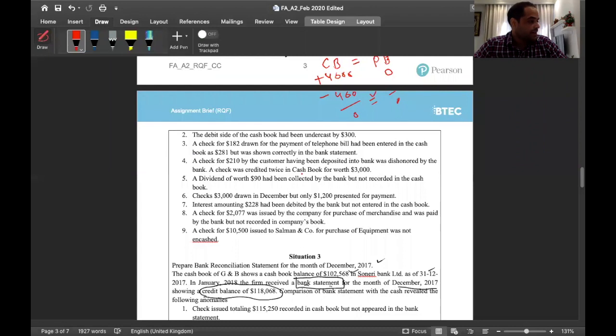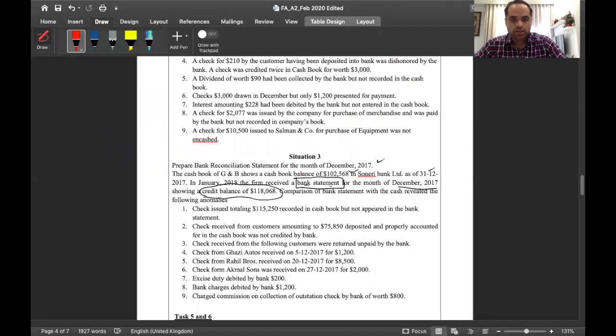In the next session we will finish this learning outcome, and I will check your situations 2 and 3. I will also give you the outline. I believe next week we will finish our learning outcome 3. So that's all for this session.